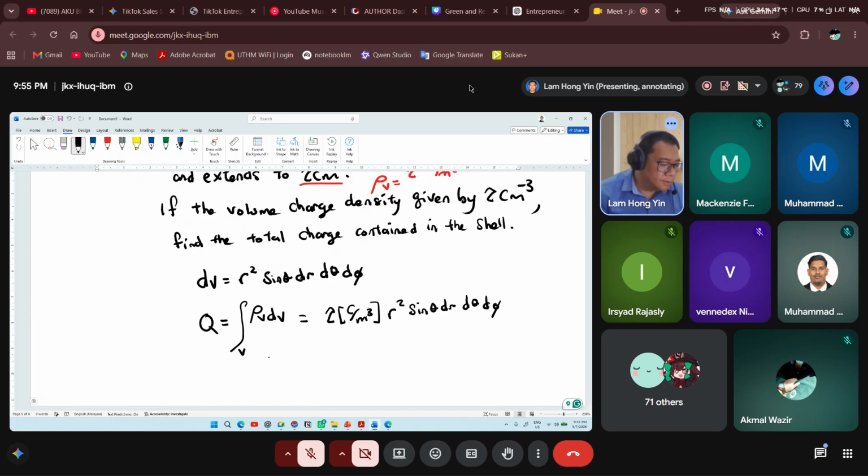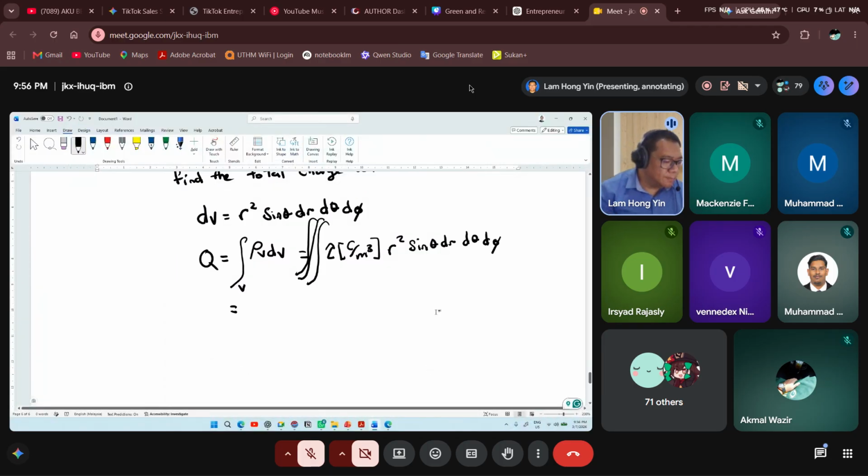How many integrations are involved? 3 integrations, because dr, d theta, d phi are involved. So we have a triple integration.